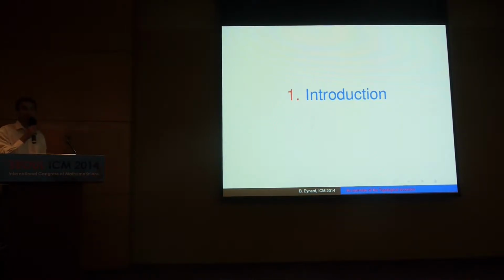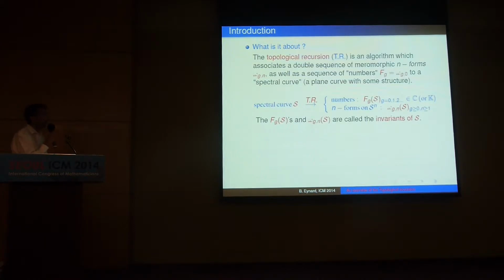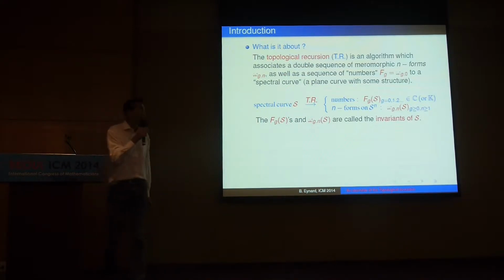First, what is all this about? The topological recursion is an algorithm which produces something by recursion. What does it produce? First it needs an input, and the input is what's called a spectral curve. I will give definitions later.